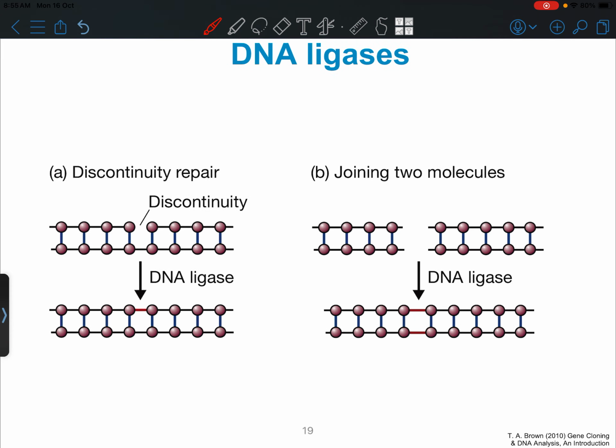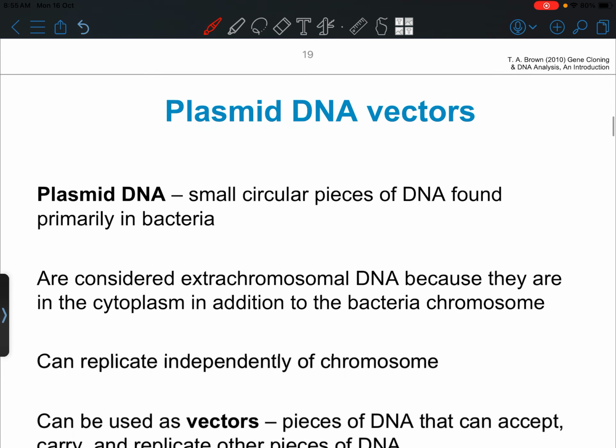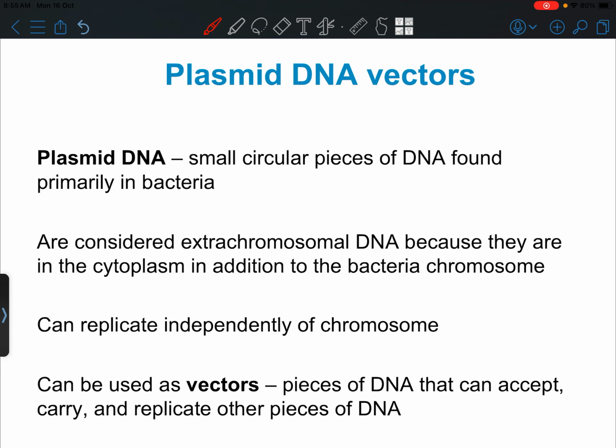Now, before we discuss DNA cloning, remember, scientists were able to do DNA cloning after the discovery of restriction enzymes and plasmid DNA. Plasmids are small circular pieces of DNA found where? In bacteria, but they are also found in certain types of eukaryotic cells, like fungi.